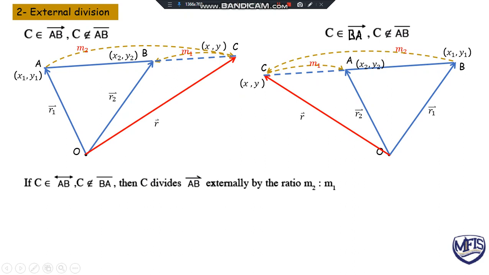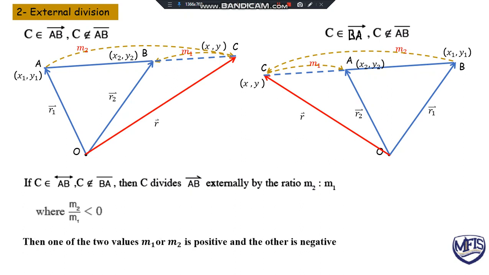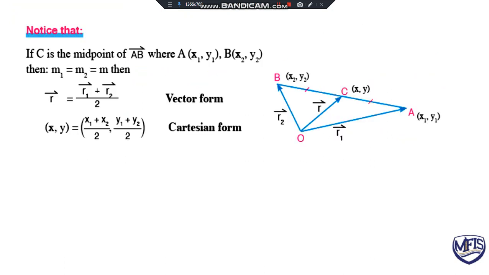Then C divides AB externally by the ratio M2 to M1, so M2 over M1 will be less than 0. It means it will be a negative quantity. Then one of the two values M1 or M2 is positive and the other is negative.